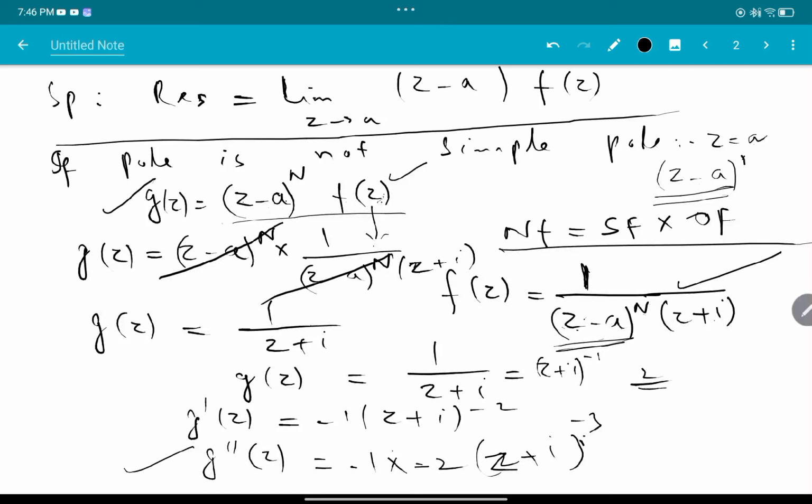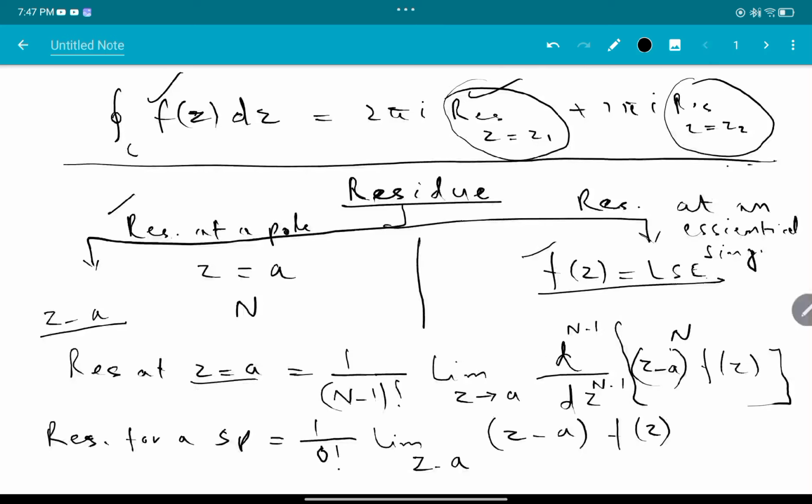If you put z equal to a, the value will be minus 1 into minus 2, that is 2, into (a plus i) raised to minus 3. This is the value of the derivative at the location of the singularity, that is z equal to a. Now substitute this. Look now at this formula. You have already calculated this whole thing.